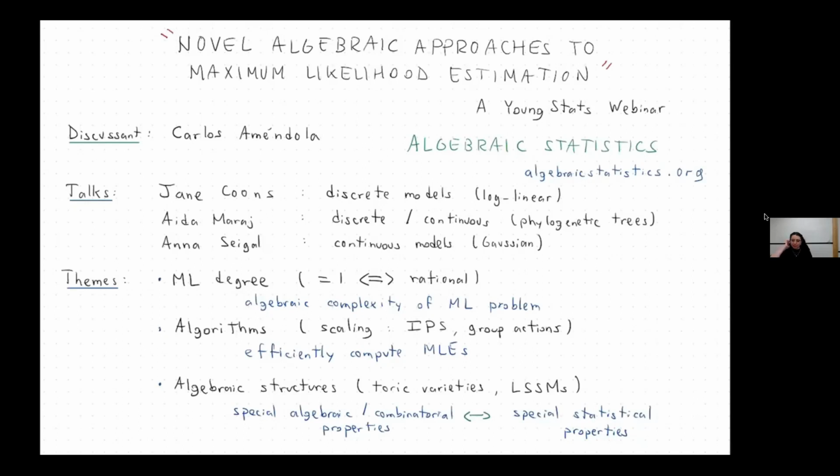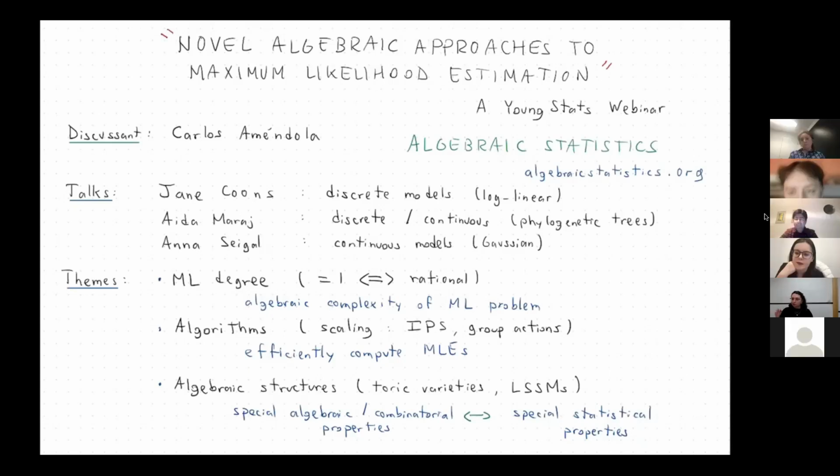I guess I would say, just talking about iterative proportional scaling, this IPS algorithm. This is something that I've been thinking about, as I mentioned at the end of my talk. Something to remember is that IPS, at least for log linear models, always outputs a rational function. At each step, you get a rational function of your data. So if you have higher ML degree, it won't converge in finitely many steps to exactly the MLE, and it's very parametrization dependent.